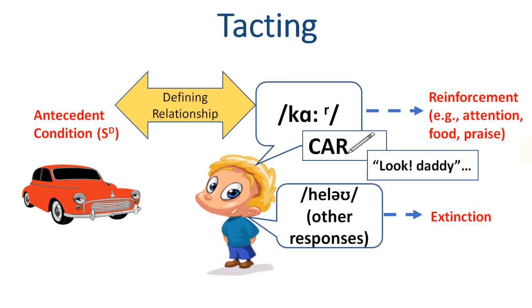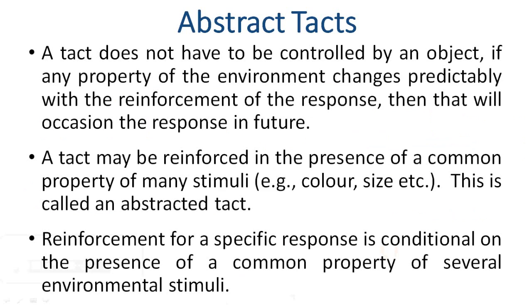Obviously, a more sophisticated speaker would say more under such circumstances, and that is, faced with the breakfast table without an orange, he may ask "no orange?", or faced with an orange in the absence of a breakfast table or at a different time of the day, he may say that "orange reminds me of breakfast." But this would refer to other types of verbal behavior, also known as autoclitics. So a tact does not always have to be controlled by an object; any property of the environment can control it if it changes predictively with reinforcement.